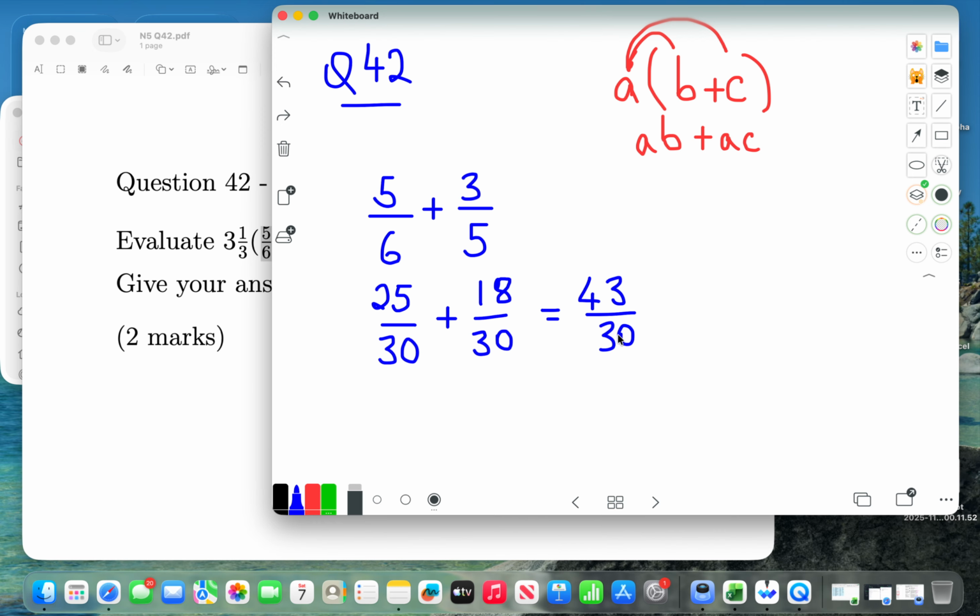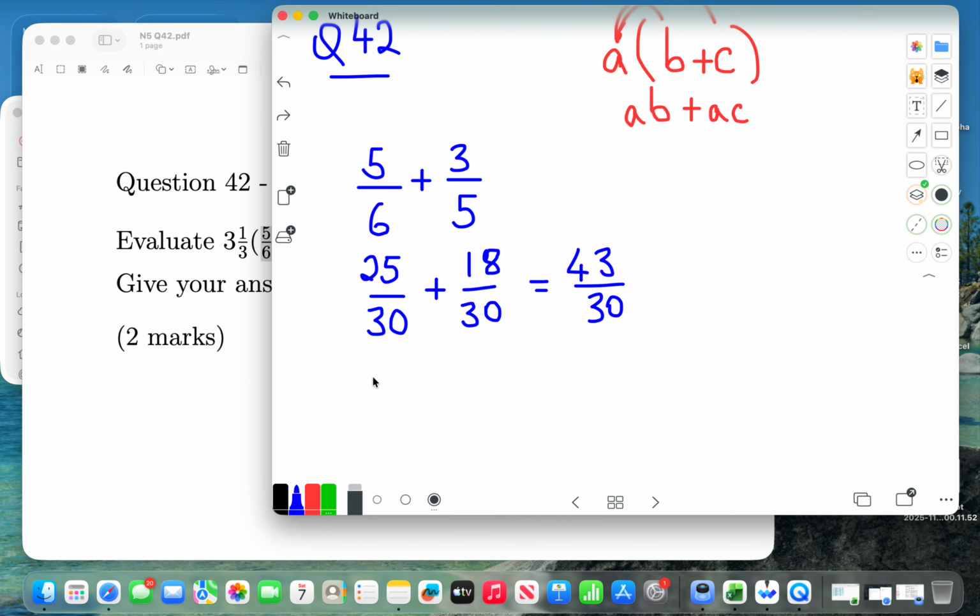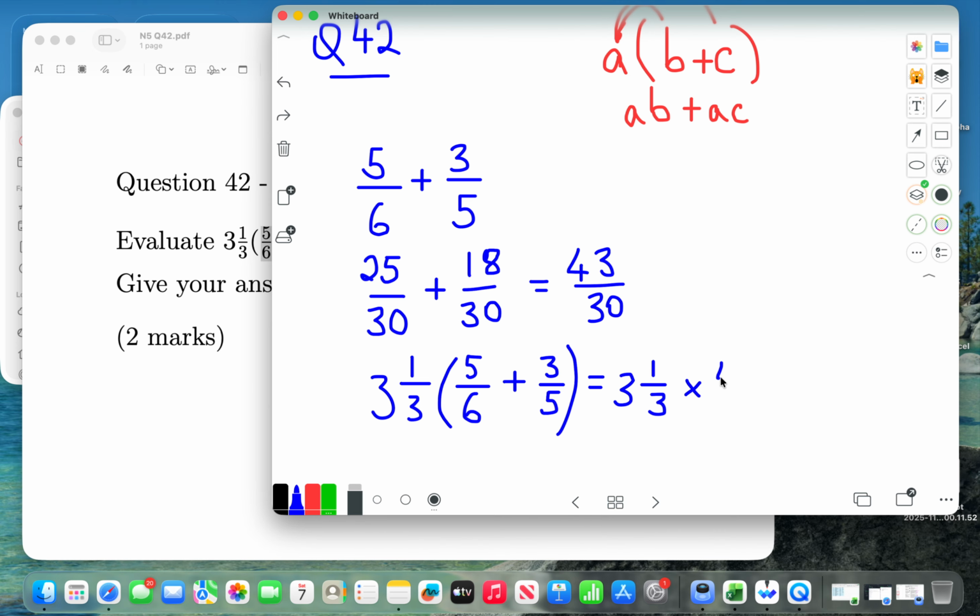We then have to multiply this by 3 and 1/3. So we say 3 and 1/3, and this is then multiplied by 43 over 30.